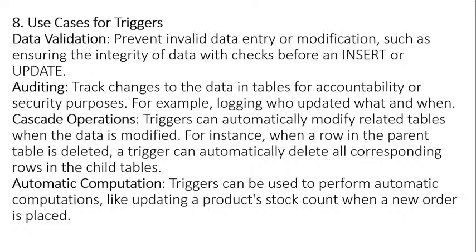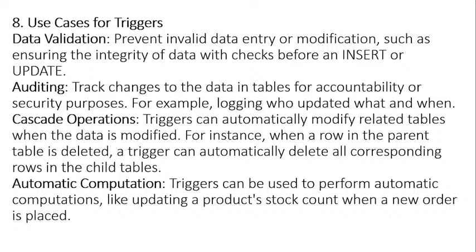Cascade operations. Triggers can automatically modify related tables when the data is modified. For instance, when a row in the parent table is deleted, a trigger can automatically delete all the corresponding rows in the child table. Another way we can view it is, I use store already. If you are writing inventory code, when there is an update in the supply, the store value should change.